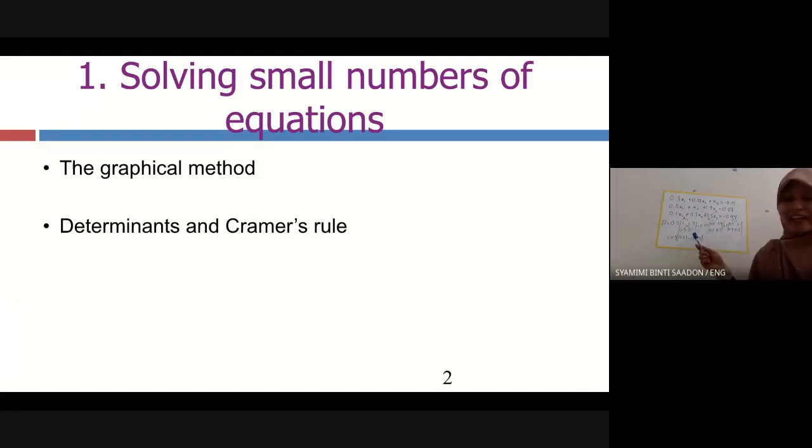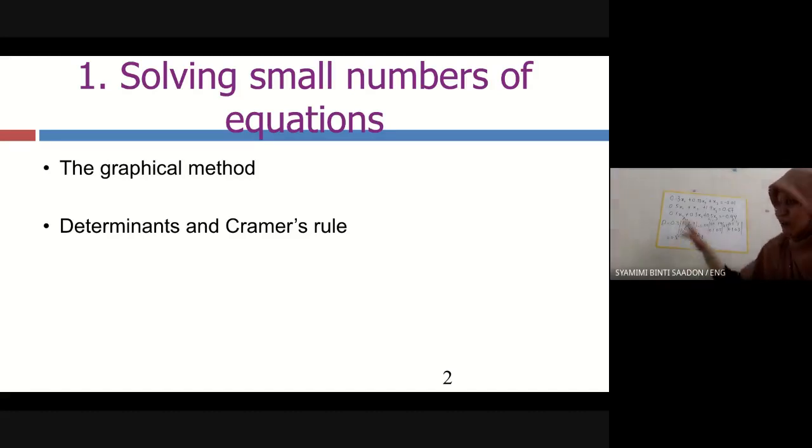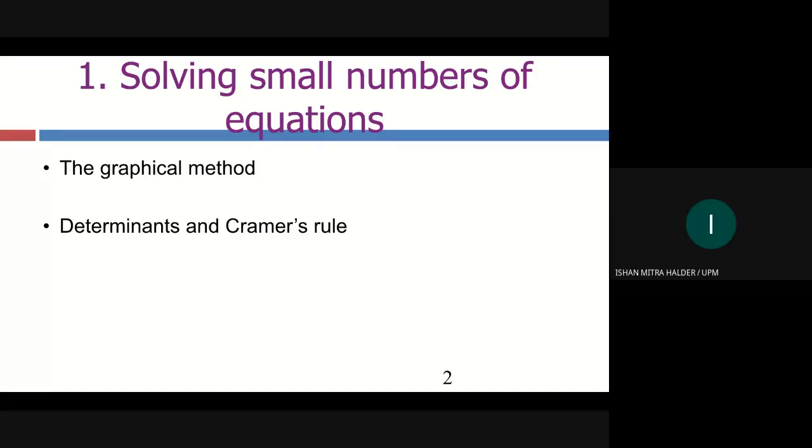Okay, Ishan, the term A1, what did you get? Doctor, for term A1, it is minus 0.021. For the whole determinant or just A1? Only for A1, doctor. But if I did the full one, then the answer is minus 0.0022.